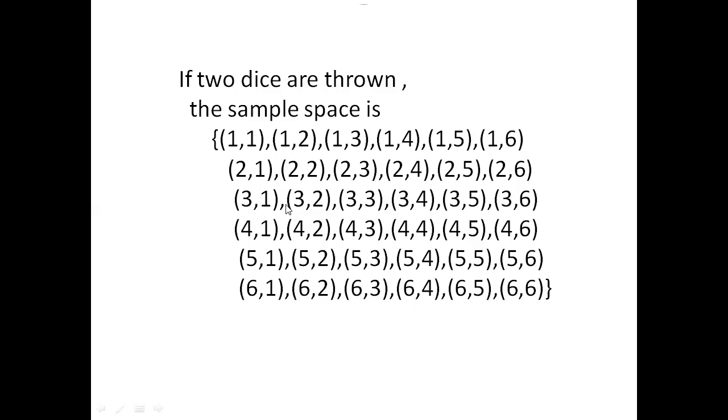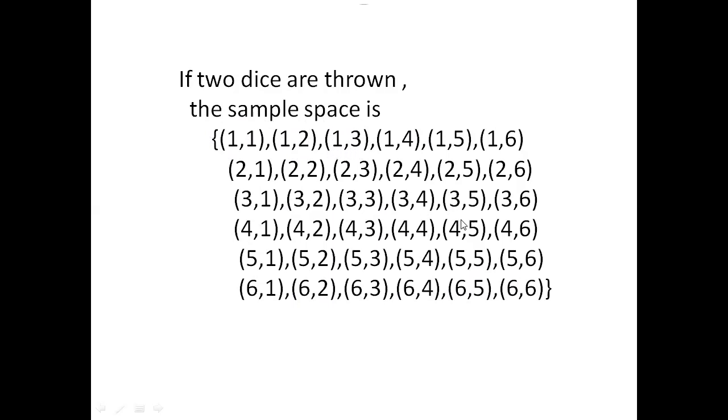That is, for this experiment, two dice are thrown, this is the sample space. (1,1) means the first die shows 1 and the second die shows 1. (1,2) means the first die shows 1 and the second die shows 2. (1,3) means the first die shows 1 and the second die shows 3.